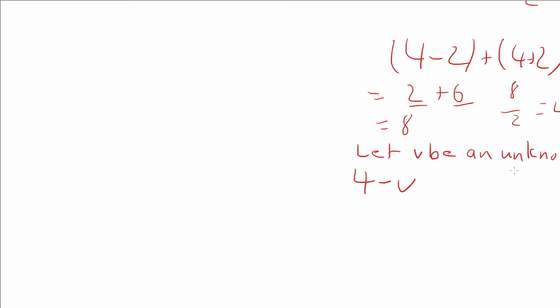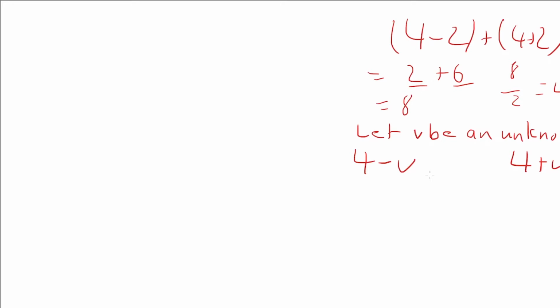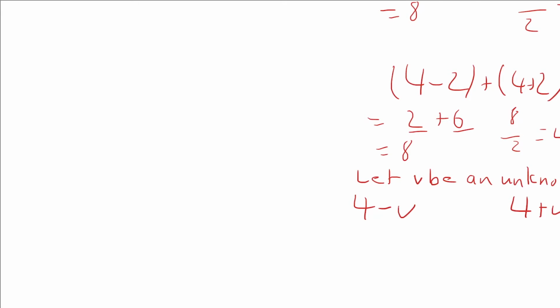We also have to have 4 plus that same value as we did up here. And if you think about an equation, what you do on the left, you have to do to the right. It's kind of similar to that. So 4 minus some value, and we have 4 plus some value. Those are our two solutions, because they'll have a sum of 8 since we're subtracting the same value and adding that same value.